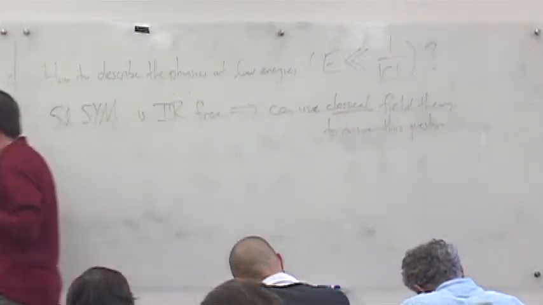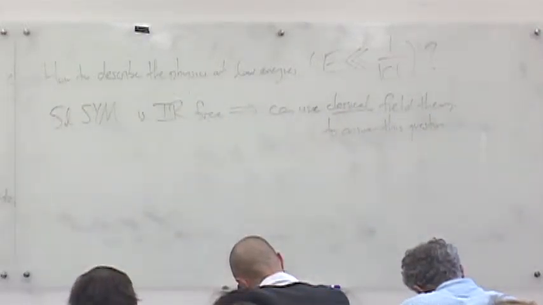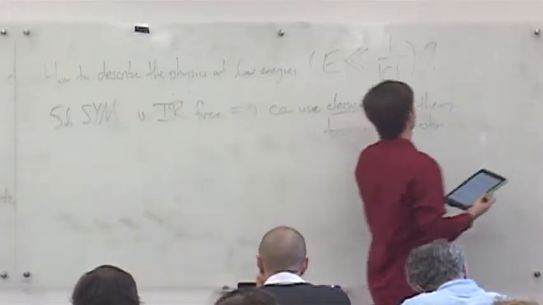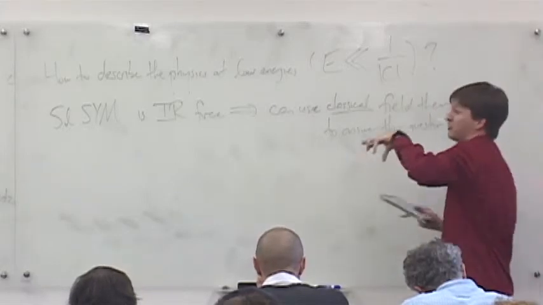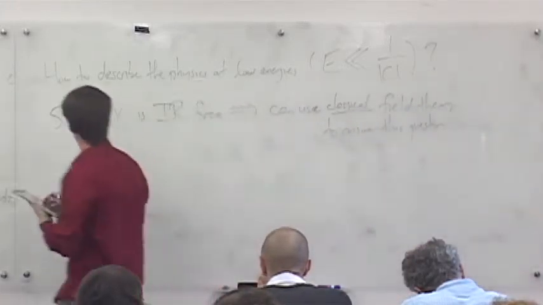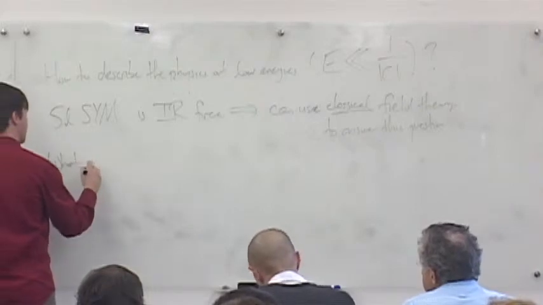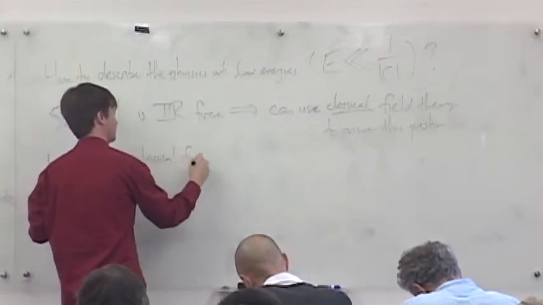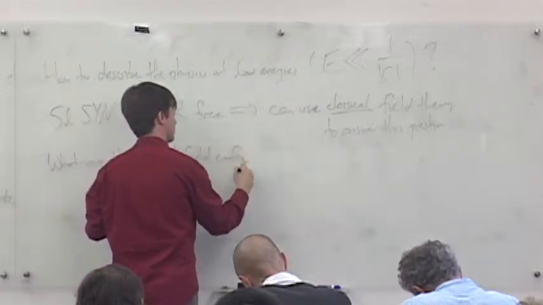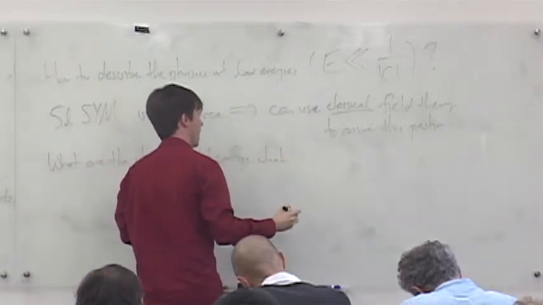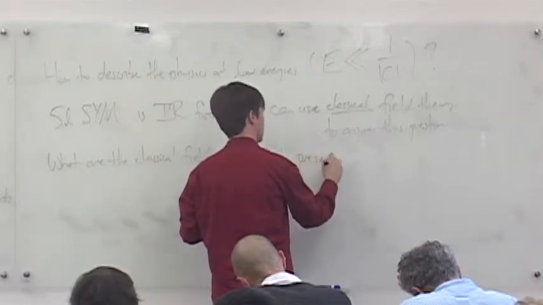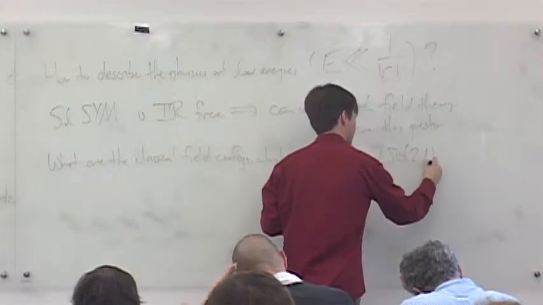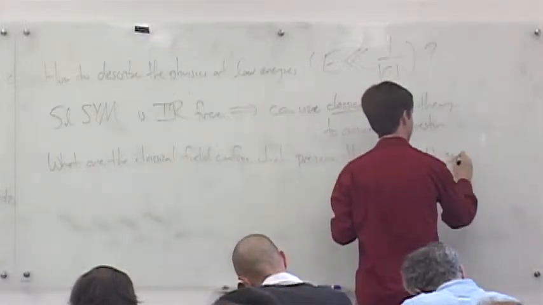And so the simplest question you might ask is, what are the actual vacua? Now, what is a vacuum? In this situation, we're looking at a theory which is going to be effectively 3-dimensional. So the first thing we might ask is, what are the classical field configurations which preserve the ISO(2,1) symmetry?